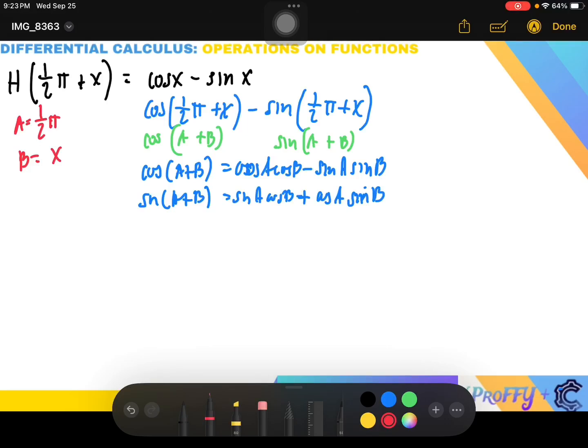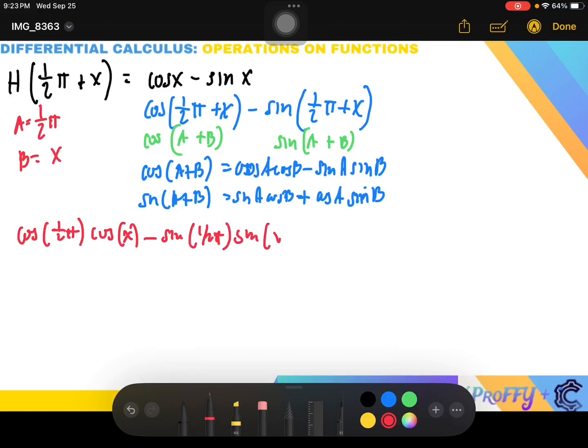After that, substitute the values. So first, cosine of a, which is what we will use. Then they will separate at the minus sign later. So let's write cosine of a. What is the value of a? 1 half of pi. And cosine of b. What is the value of b? It is x. Minus. What is the value of a? It is 1 half pi.